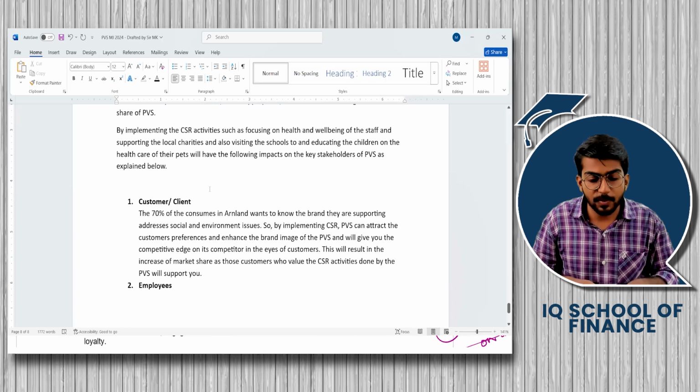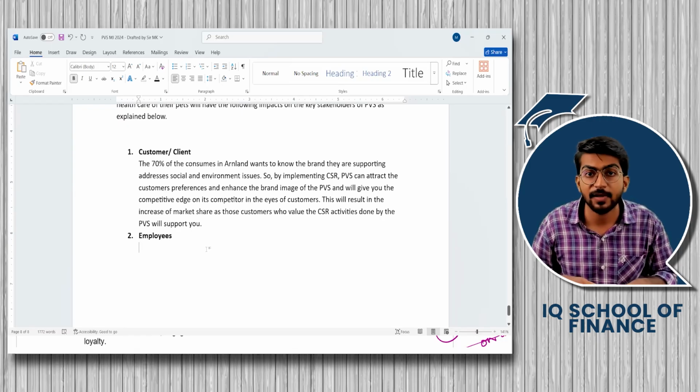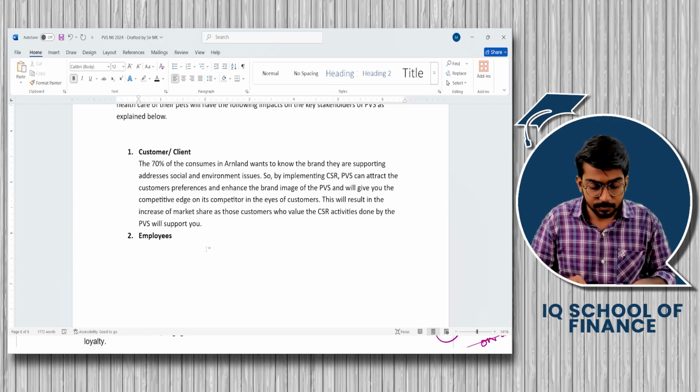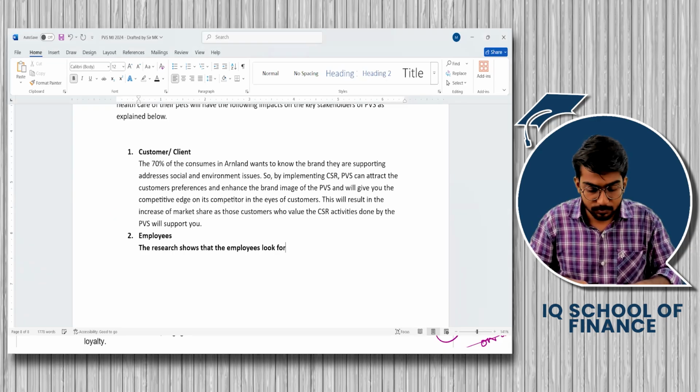So now I don't need to mention again and again what we are going to do for which stakeholders, because there are some stakeholders for whom we are not doing anything directly, but it will still have an impact on them, like government, like banks, like your suppliers. So as per the exhibit, the employees.